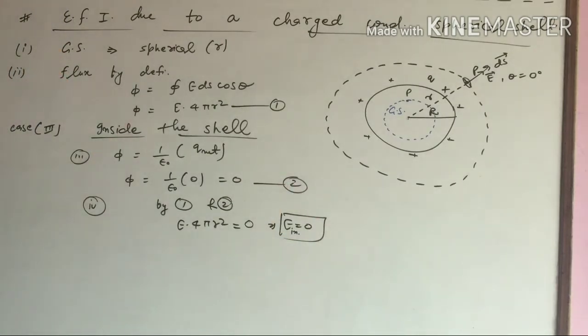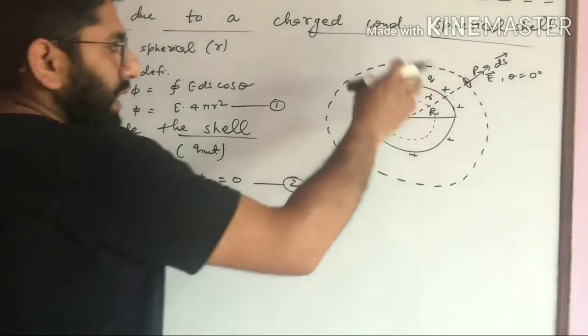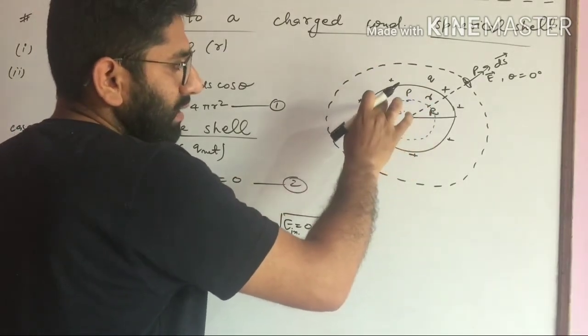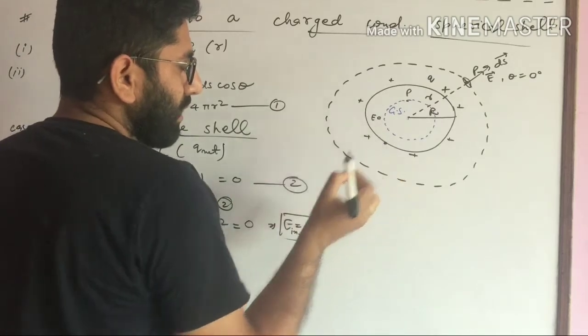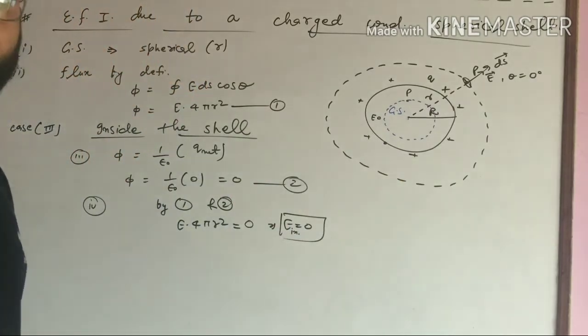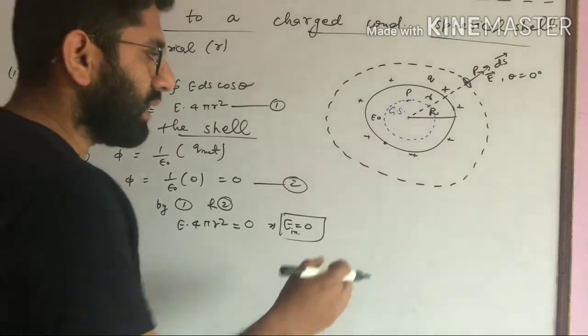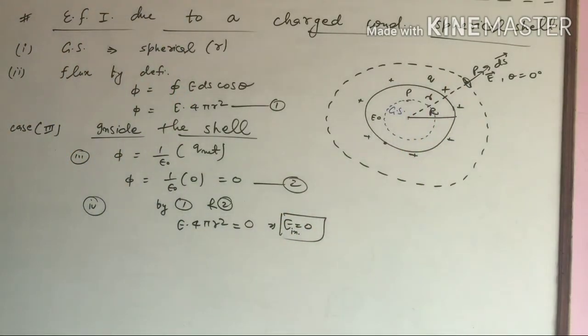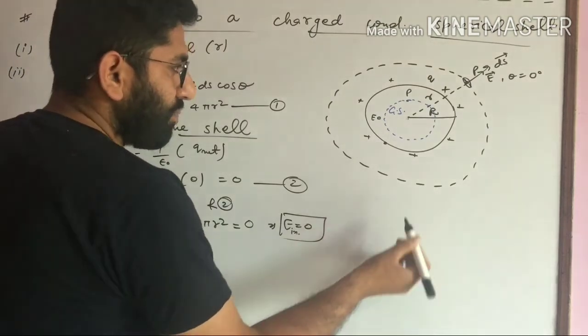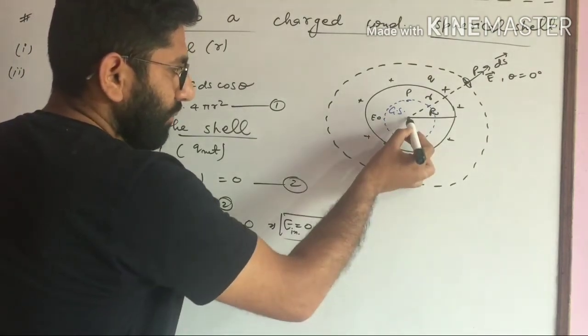Now we have the electric field in all three cases. Inside the shell the electric field will be 0, at the surface it will be 1 upon 4 pi epsilon naught q upon capital R square, and outside it will be E equals 1 upon 4 pi epsilon naught q upon r square. So for graphical representation, okay, let's see.